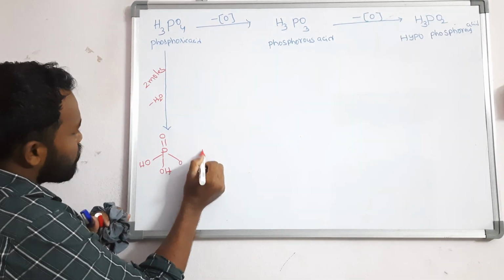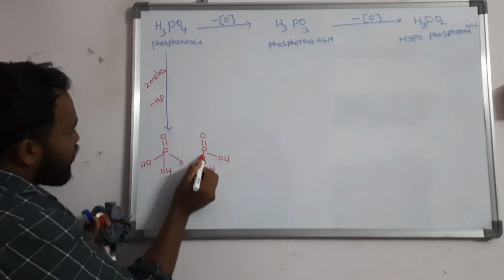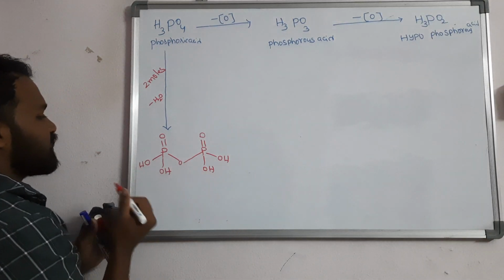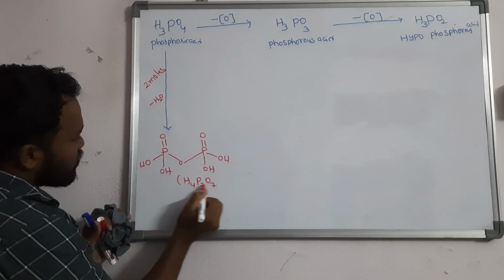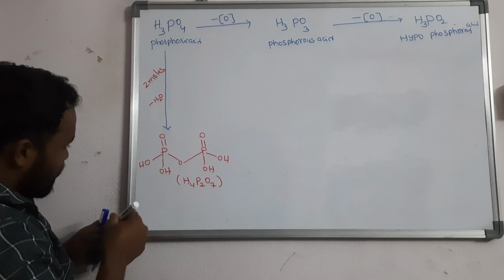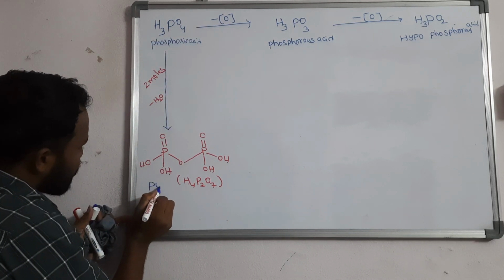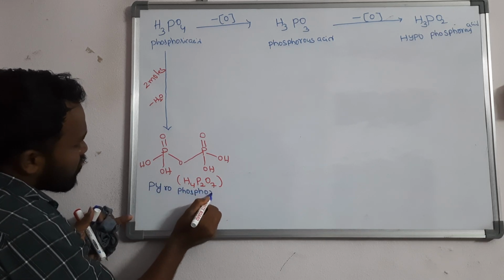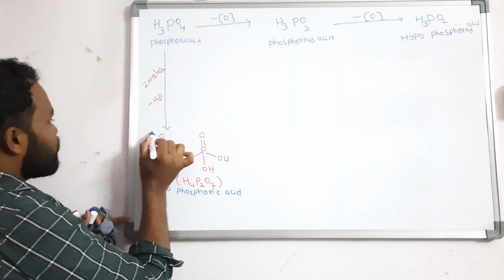Here also same, P double bond O, here OH, here OH, here also OH is there. If you remove OH from water, it gets connected directly. This is H4P2O7. This name is pyrophosphoric acid, obtained from phosphoric acid, right? Pyrophosphoric acid.